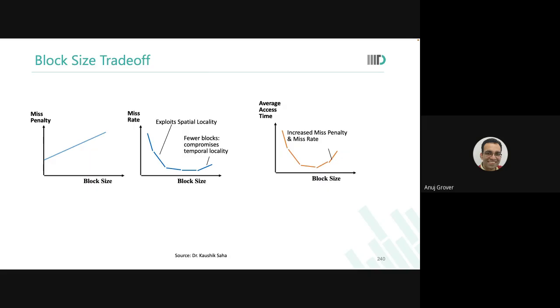For very small block sizes, because you've just copied 4 words, you need a spatial locality of, let us say, 8 words. So the miss rate is more. After every 4 words, there is going to be a miss.